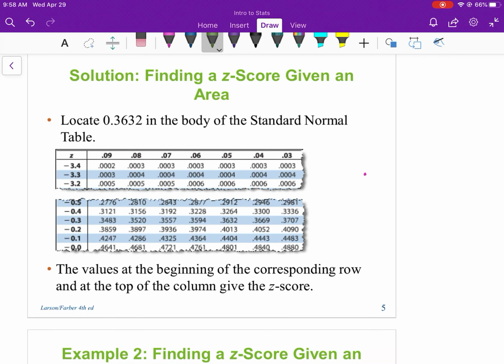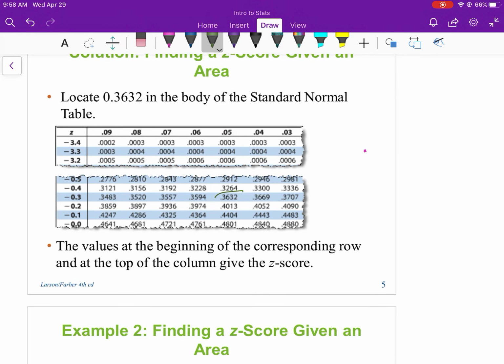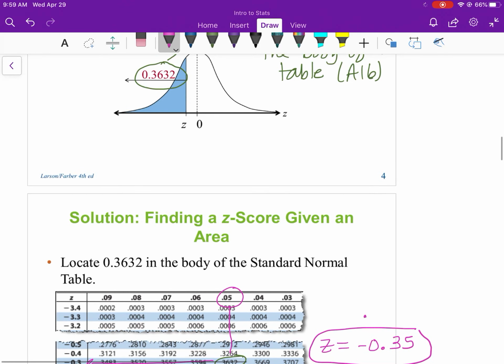After you browse through the rows and columns, you're going to be finding 0.3632 right here. If you trace that back, there's the stem of your z-score, and there's the other hundredths place. Put those together: negative 0.35. There's your z-score. That should make sense, because we know z is a negative value, on the left side of 0.